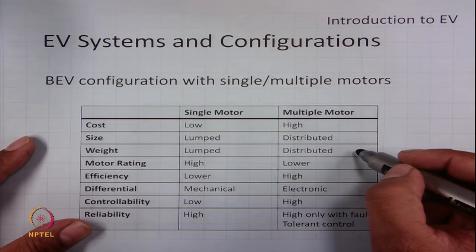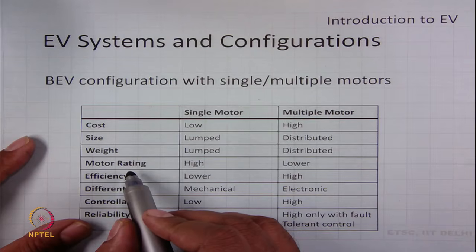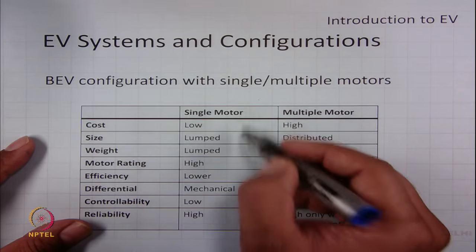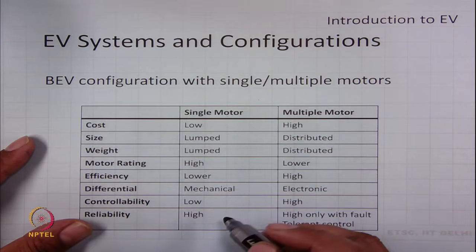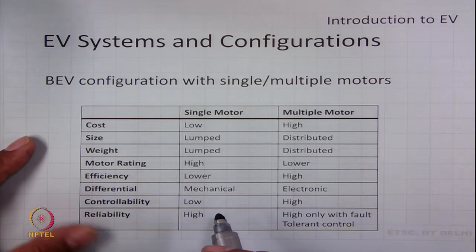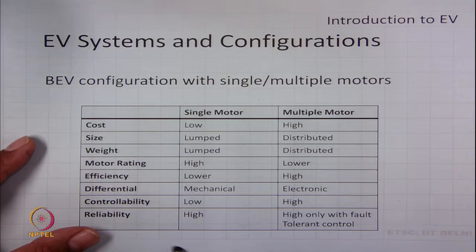Similarly, for the weight, the motor rating will be comparatively high for a single motor, since it has to deliver all the torque requirements, but in multiple motors you can have two smaller motors of half the ratings. The efficiency will be higher in this because it will be mostly operated in high rating regions of the motor.